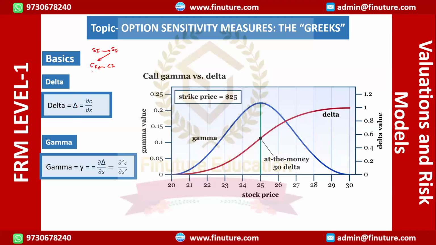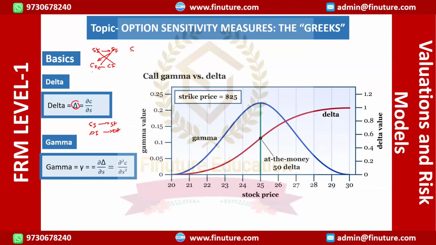Gamma is how this delta is changing when your spot price changes. So if your spot price changes from SI to SF, how your delta changes from initial delta to final delta. Let me make it very simple.